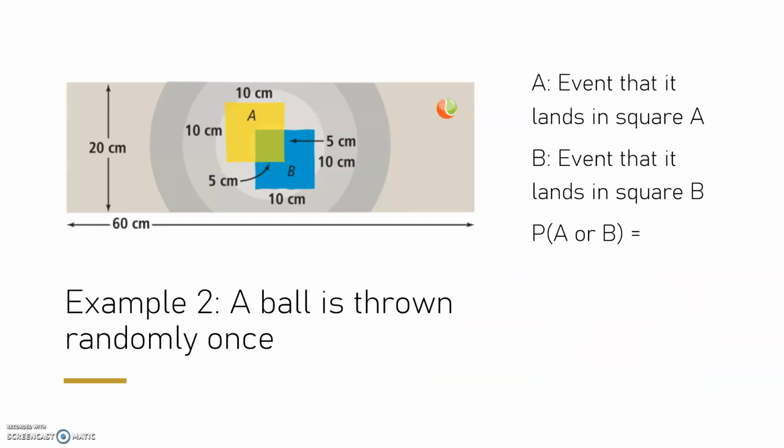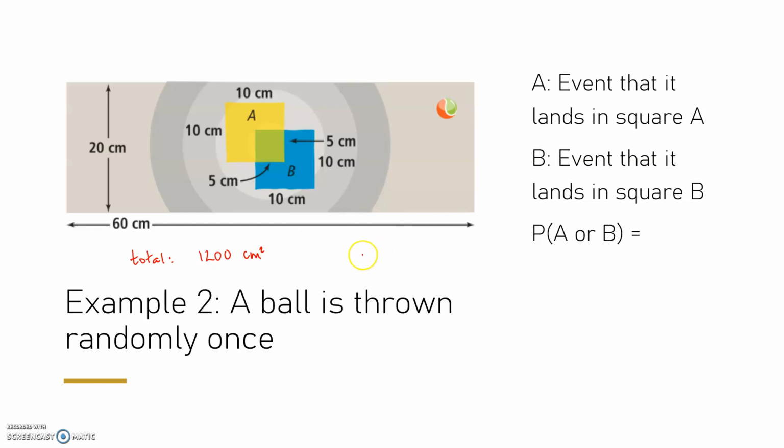Okay, for this example, we're going to be looking at the probability that you land in square A or in square B if you randomly throw a tennis ball at this target. So the target is 20 by 60, so the total area is going to be 1,200 square centimeters.